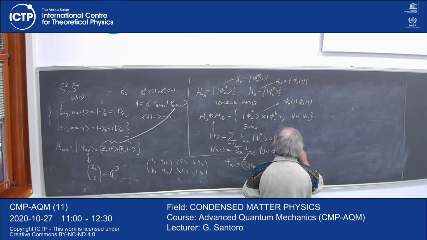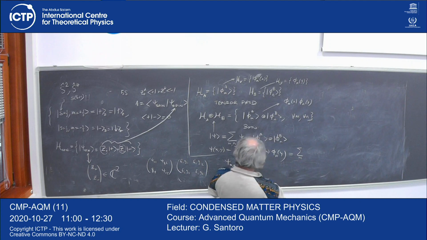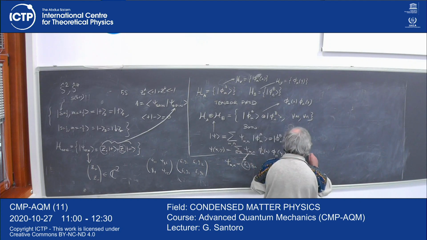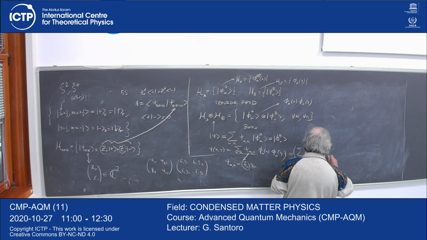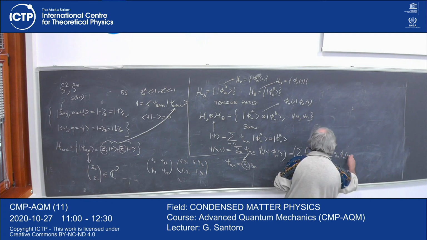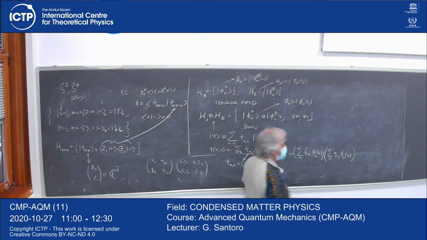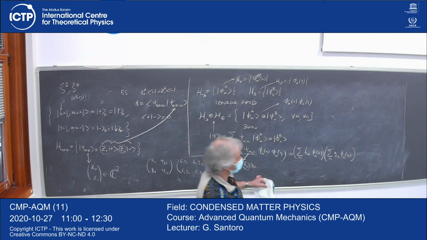What you have is, in the end, that the sum over m gets the fm and then the phi m of x, and then you multiply by the sum over n, which takes the gn and multiplies by the phi n of y. And now you see that the miracle has occurred.